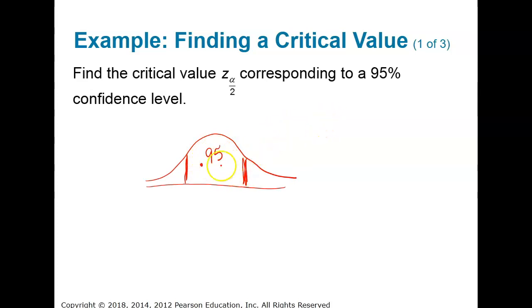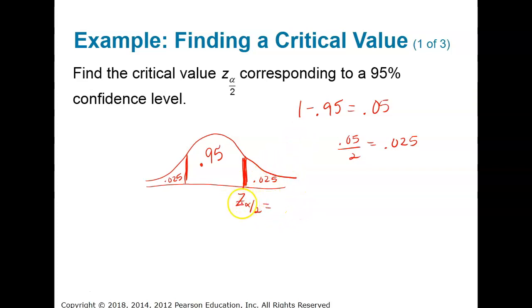If I do 1 minus 0.95, I see that I have 0.05 left, and that's going to have to be split between the two tails. So I'm going to have 0.025 here and 0.025 here. This is going to be my Z alpha over 2 that I want to find. So this is my critical value.